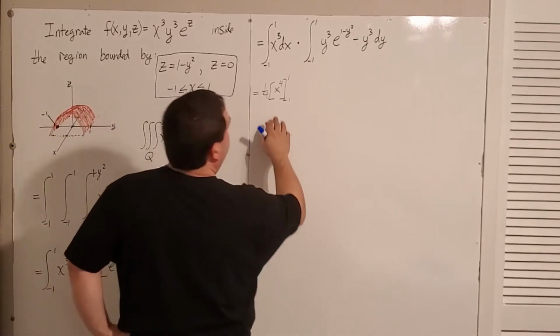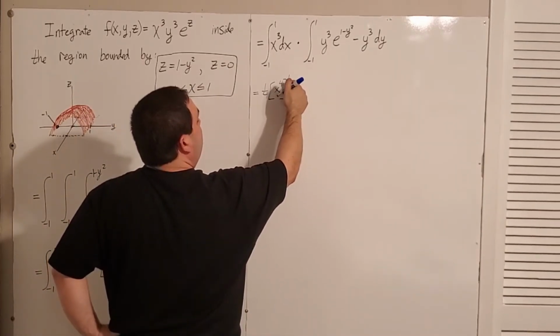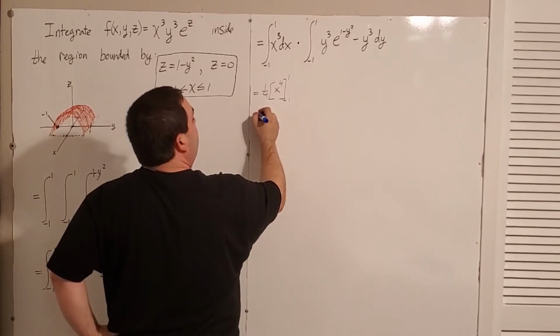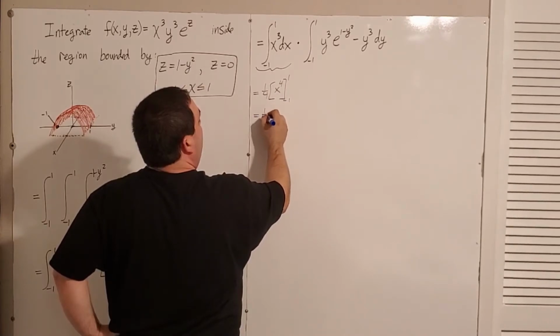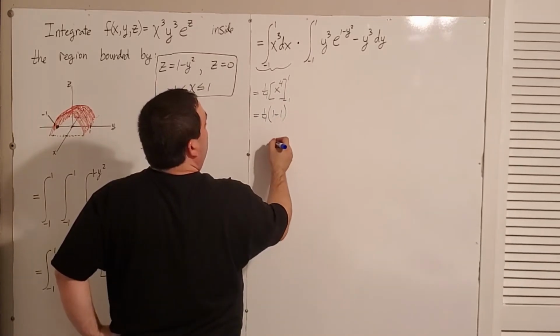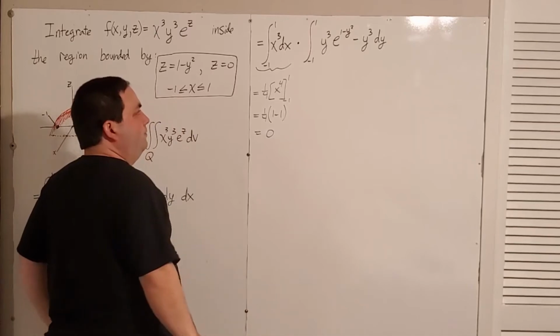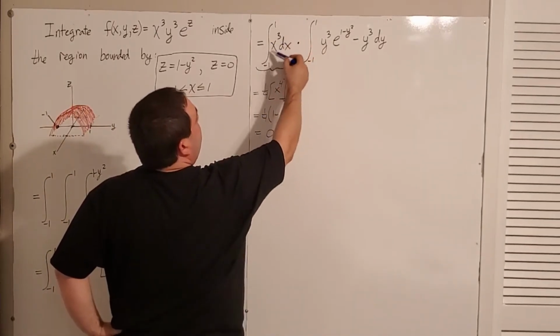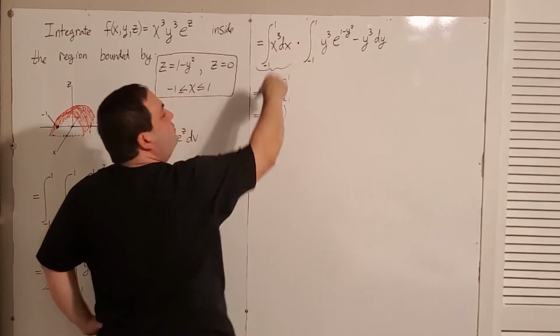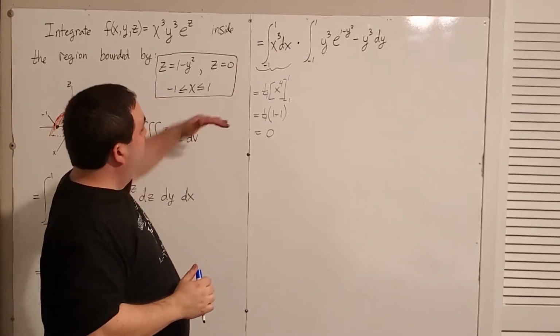Okay. Notice what I'm actually going to end up with here, just for this piece right here, is 1/4 times 1 minus 1, which is 0. And you could expect that anytime you have an odd function integrated over symmetric pieces, right, from -1 to 1.